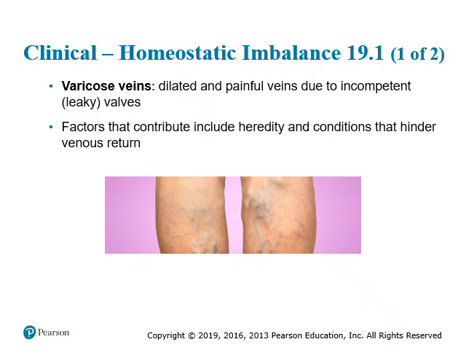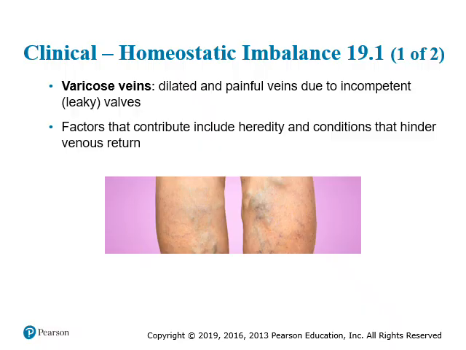Here's a homeostatic imbalance that pretty much annoys a lot of people, most especially women. That's actually the varicose veins because they are very unsightly. It is when your veins, most especially on the legs or in your limbs or in your hands, become dilated.